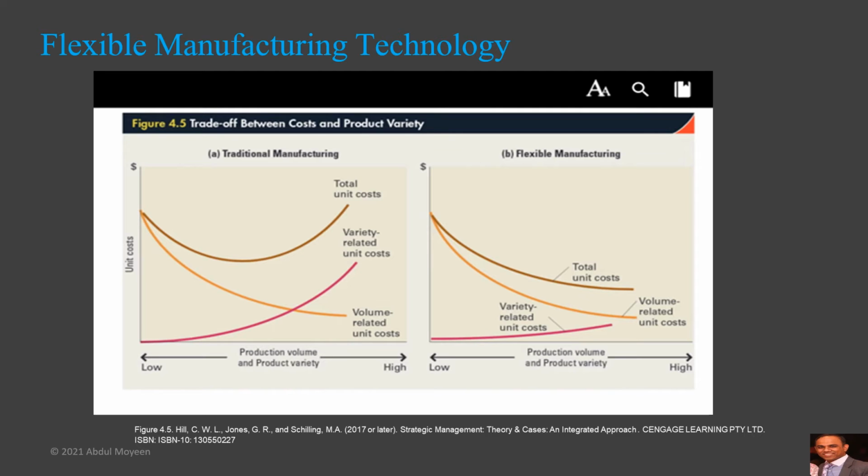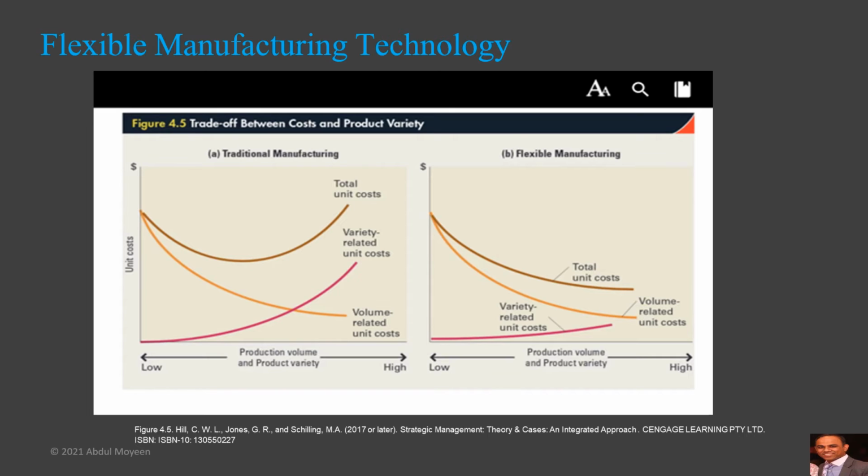But when they also produce the customized product at the same time, their cost increases, but at a much smaller rate. So the impact of this can be seen in the per unit cost curve or average cost curve. We can see that it goes down all the way, unlike the total cost curve, which takes the U shape in traditional manufacturing technology.